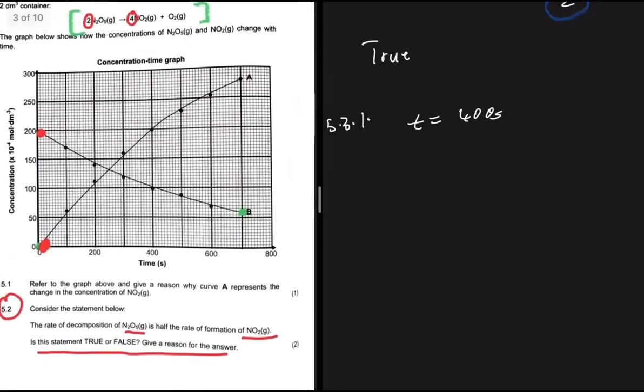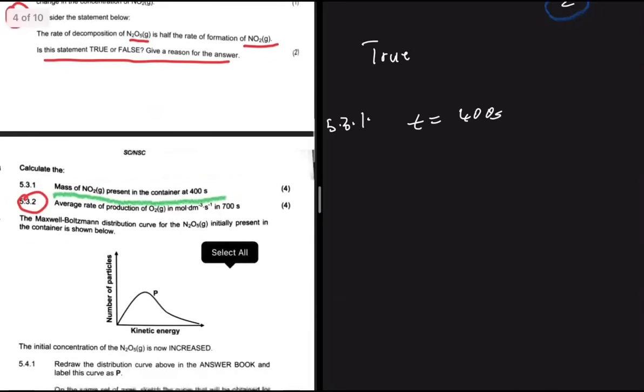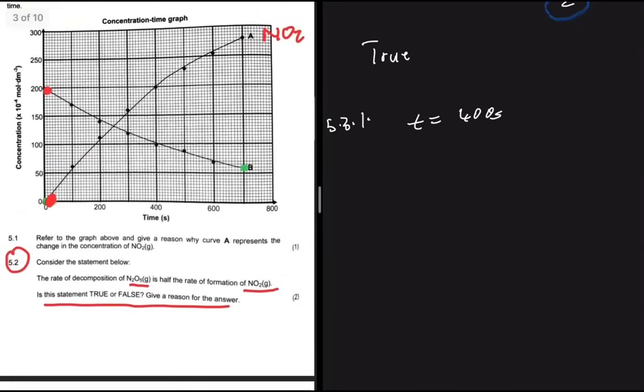So we've already established that curve A is NO2, right? It is the concentration of NO2. And in our question, we're looking for the mass of NO2 present in the container. So I need to have a few steps that I know I'm going to take to find the mass of NO2. From the graph, I can extract the concentration, right?